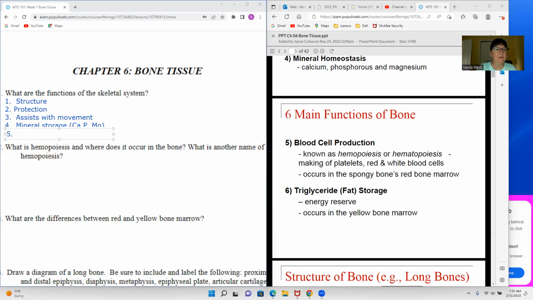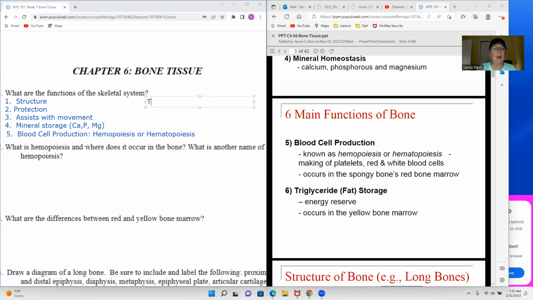And number 5 is blood cell production. And we need to know that is hemopoiesis or hematopoiesis. So they both are the same thing. It just is 2 words for the same thing, which you should be used to in anatomy.